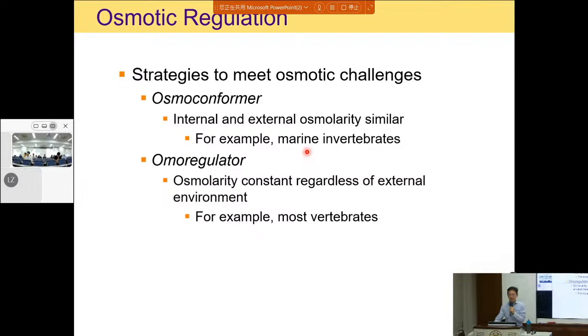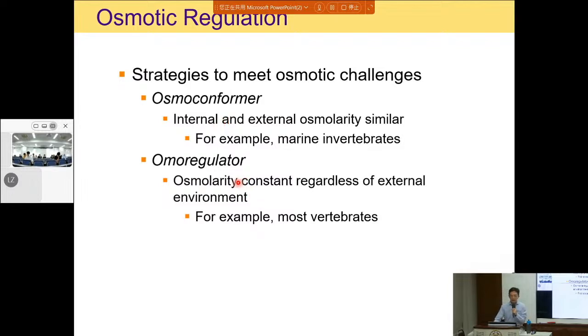But at the same time, because the osmolarity inside the body differs from the environment they face, they have to evolve a different strategy to overcome the changes in osmolarity, because they need to maintain the water content inside the body.